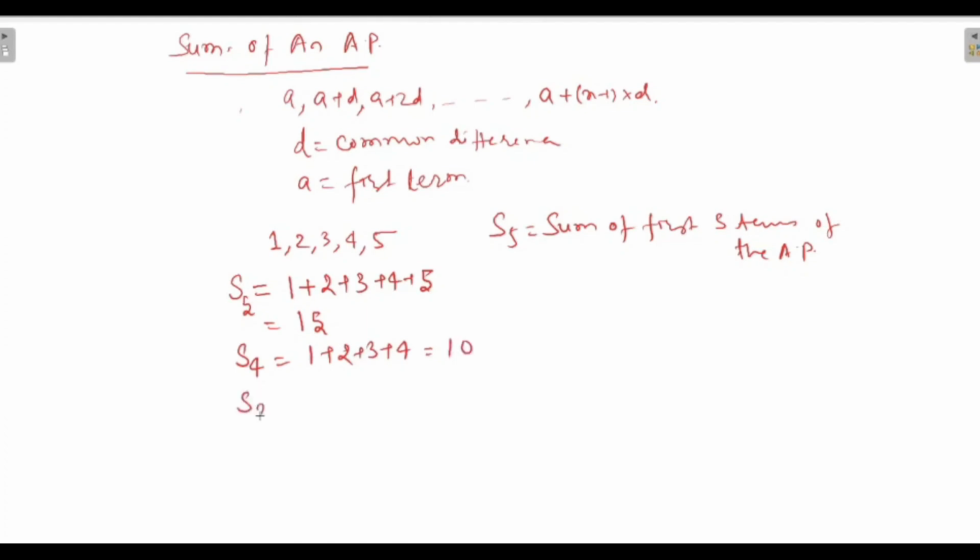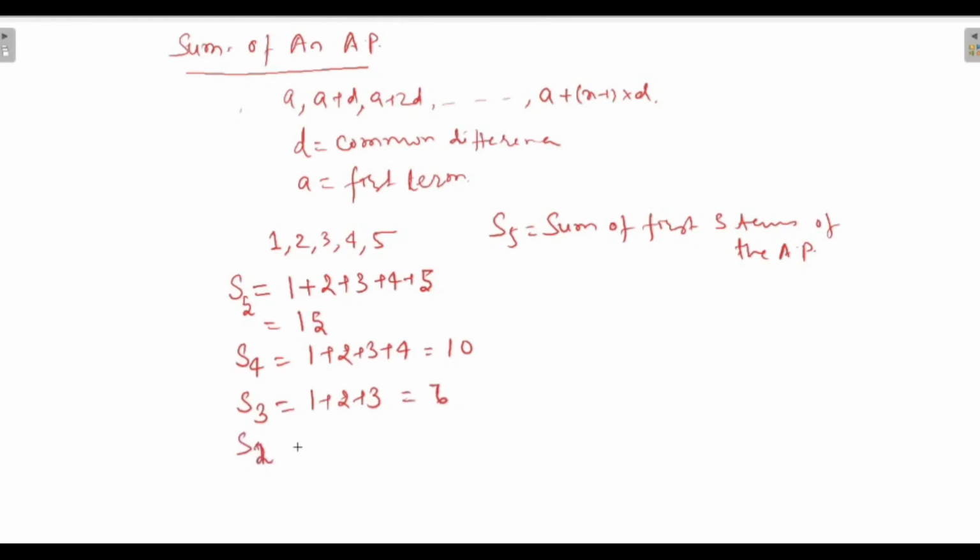Similarly, going like this, S3 would be 1 plus 2 plus 3, the summation of the first three terms, which gives 6.